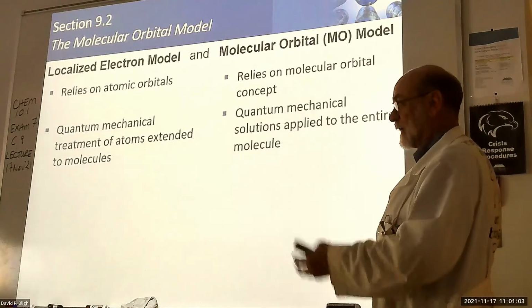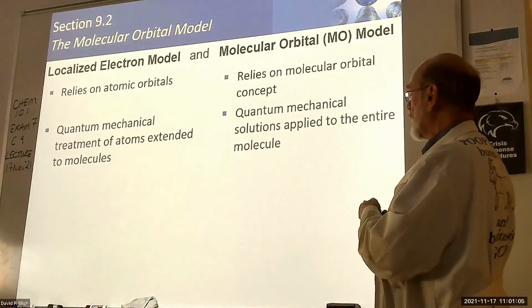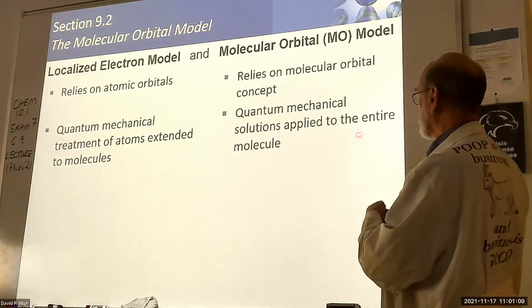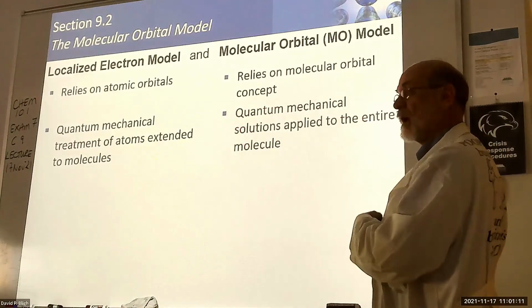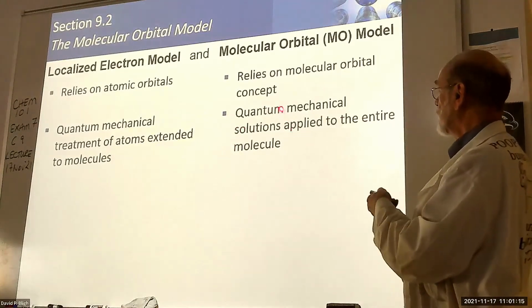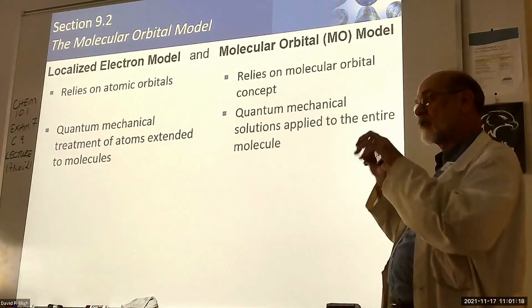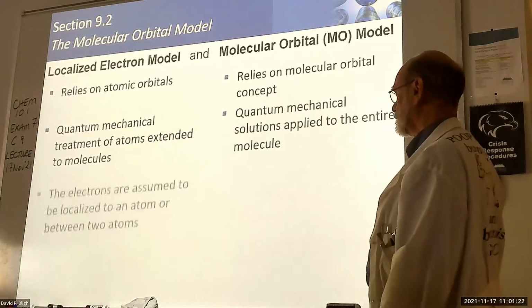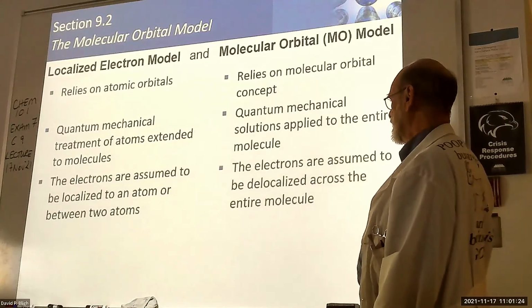That's where it all started. But the quantum mechanical solutions that are required now are different. Significant modifications have to be made to the mathematical models so that they fit the orbital structure that covers the entire molecule.